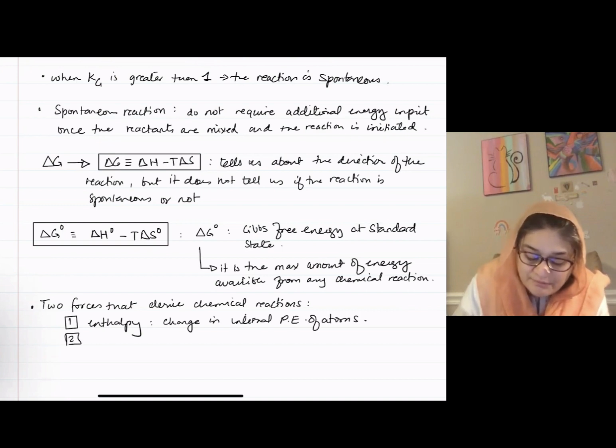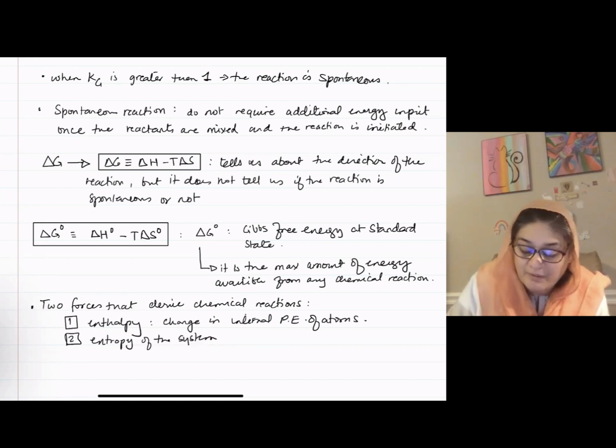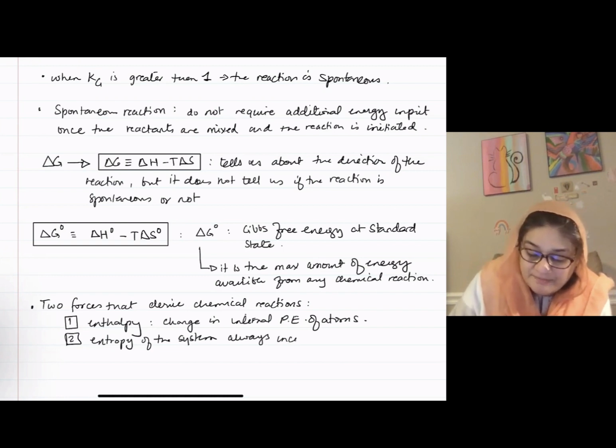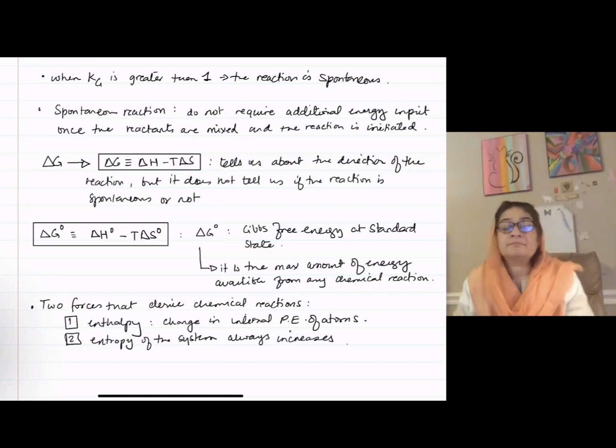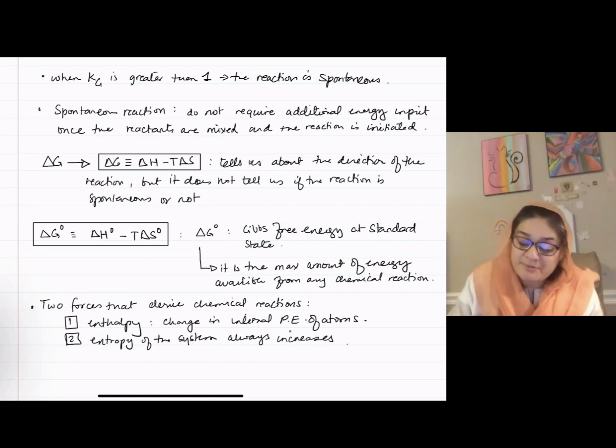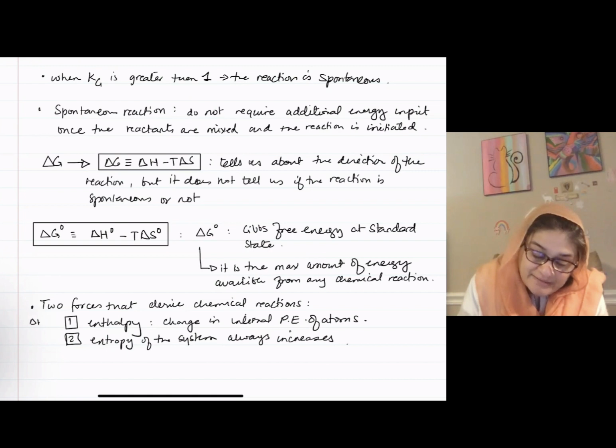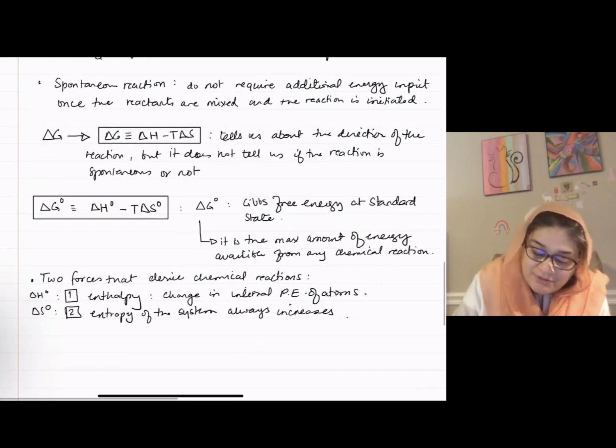And number two, the entropy of the system always increases. So these are the two forces. Enthalpy is given by delta H0, and entropy is given by delta S0. So I combine these two things to give me that expression over here.